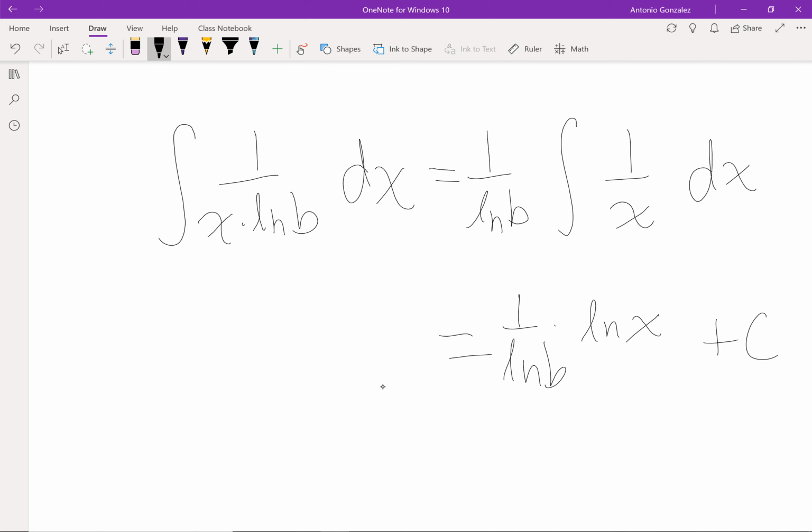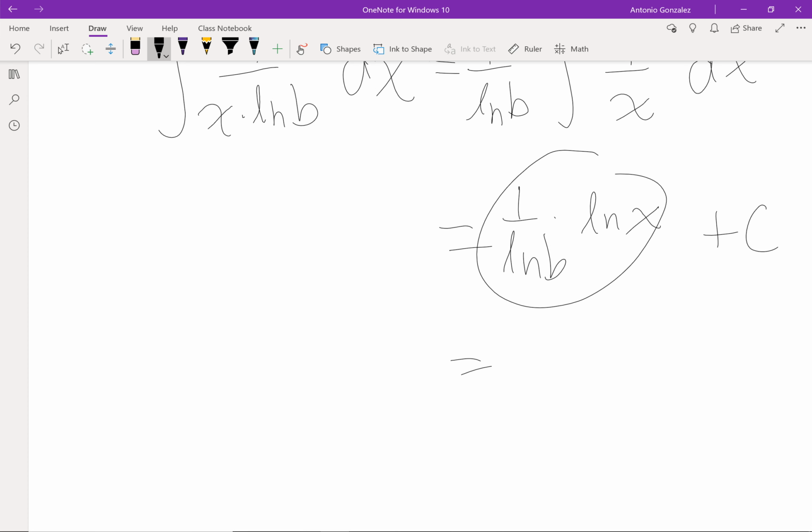That's ln of x, and notice here that we get back log base b of x plus c. Okay, so we don't need to remember any extra formula. We can just think 1 over x would always just be a natural logarithm.